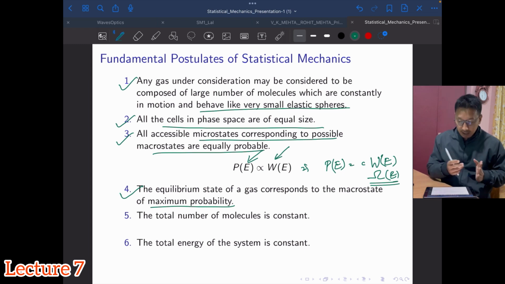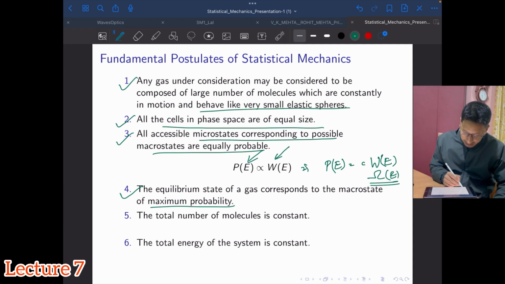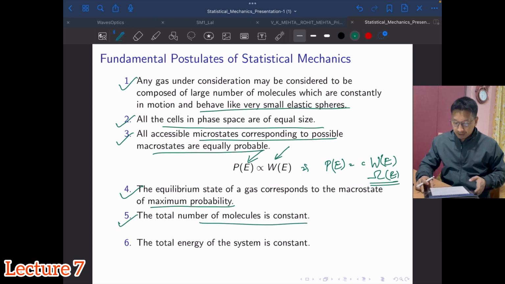So the system being in equilibrium and being in the most probable macrostate is one and the same thing. And then, the total number of molecules is constant. Basically this is the conservation of matter.